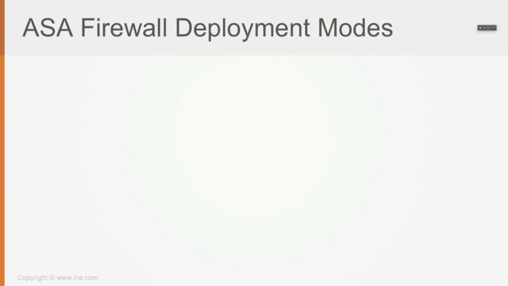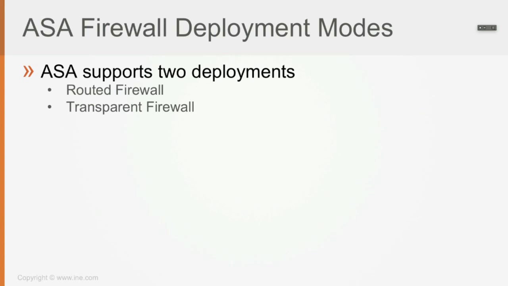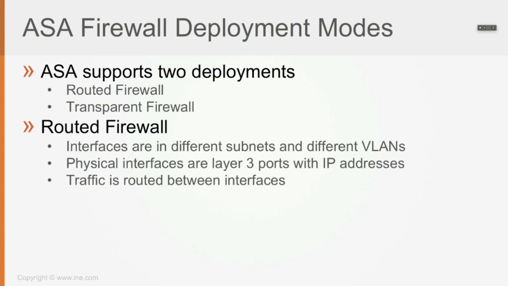Now you can go ahead and deploy the firewall in two modes, either routed mode or transparent mode. The routed firewall is when the interfaces are in different subnets and different VLANs, and the physical interfaces are layer 3 interfaces with IP addresses.